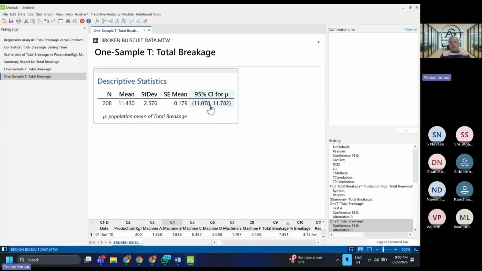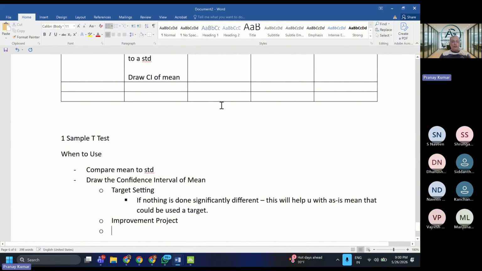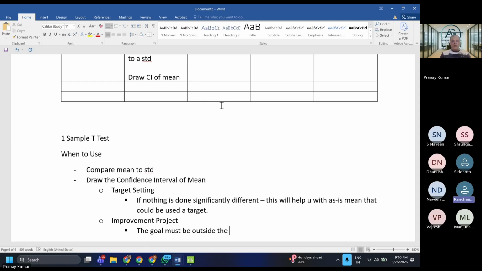This is your current performance. Kanchan, this is what you're doing right now. So you can't give me a target anything between 11.07 to 11.78. This is what we are doing currently. For any improvement project, the goal must be outside of this confidence interval.